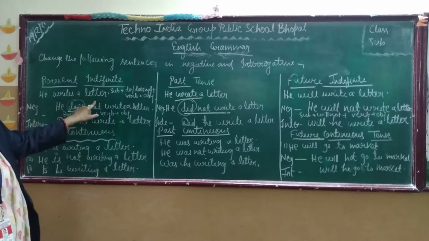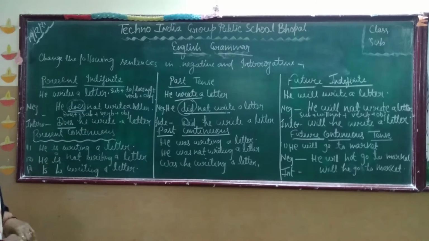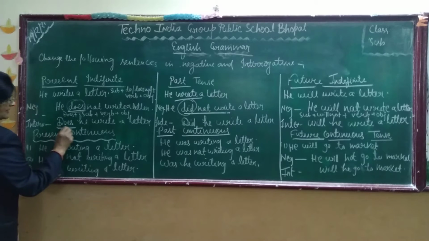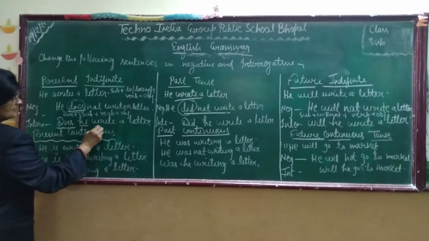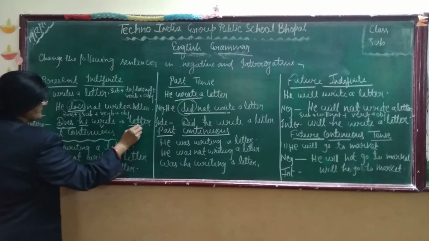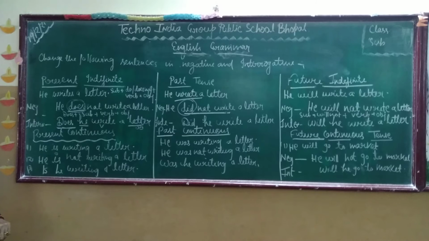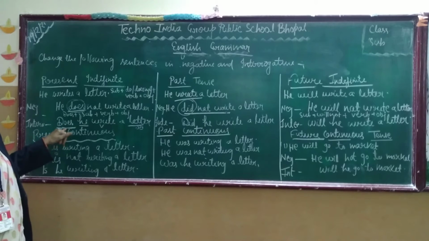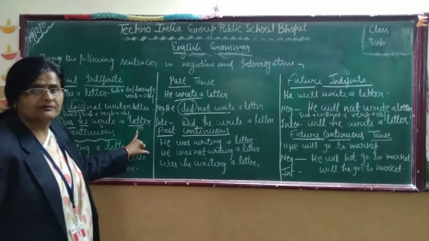In interrogative sentence, we will write does he write a letter. So where we have to use this does? In the beginning of the sentence. Then does plus subject plus verb and then plus object. Is it clear? So the structure of this interrogative sentence is do or does plus subject, verb and plus object.